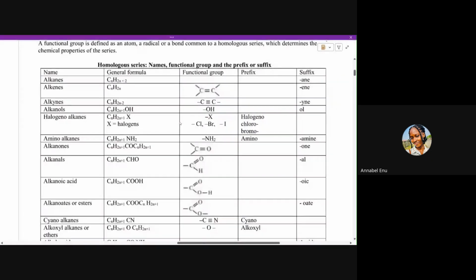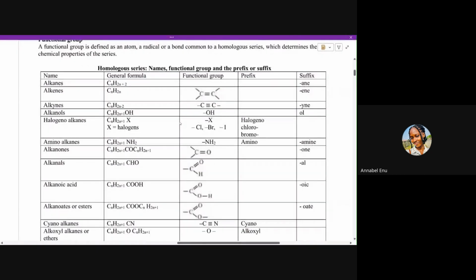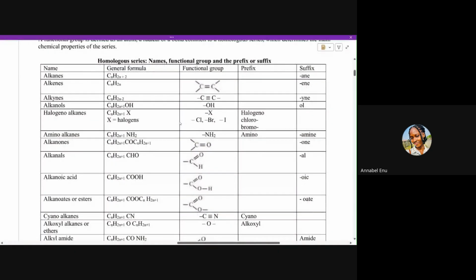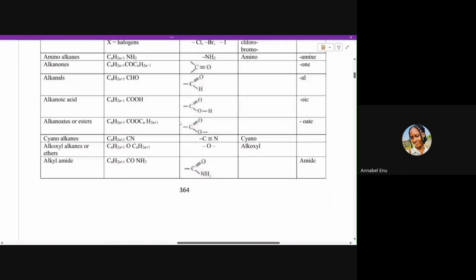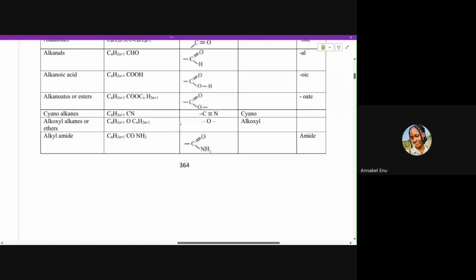Now this is a table containing many homologous series, their general formulas and their functional groups. This table is what I believe you already have.